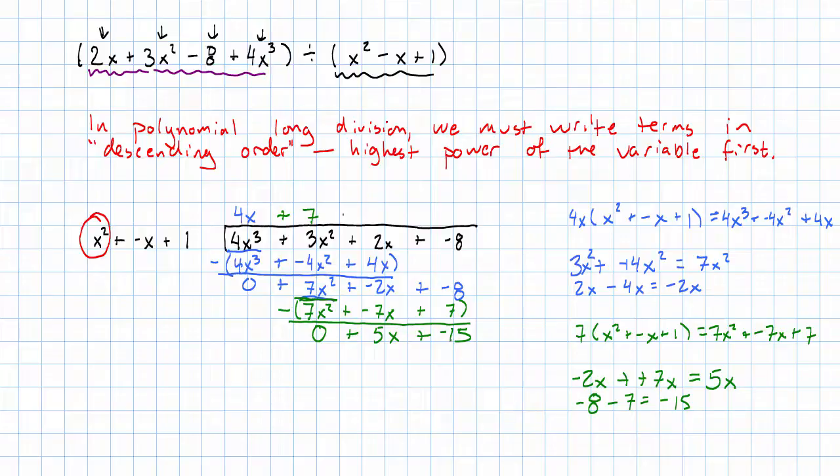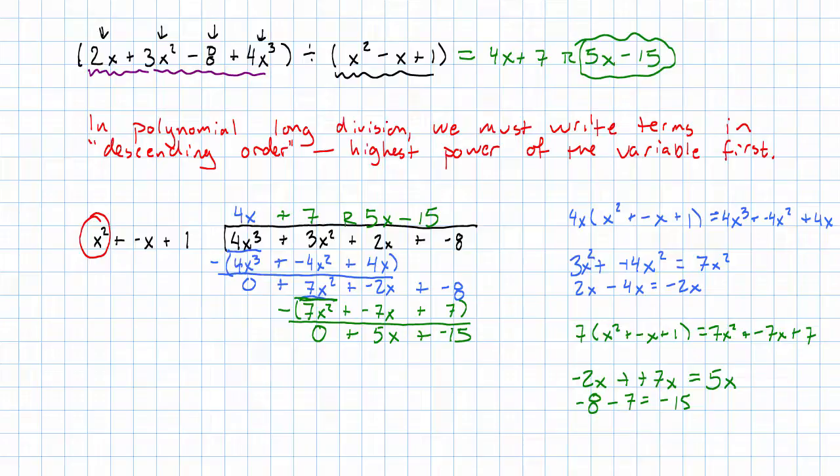So my remainder is 5x minus 15. I got 4x plus 7, remainder 5x minus 15. Notice here my remainder was not just a number, it had an x in it.